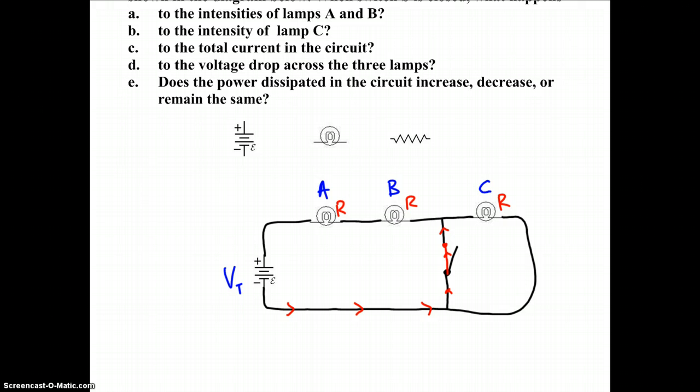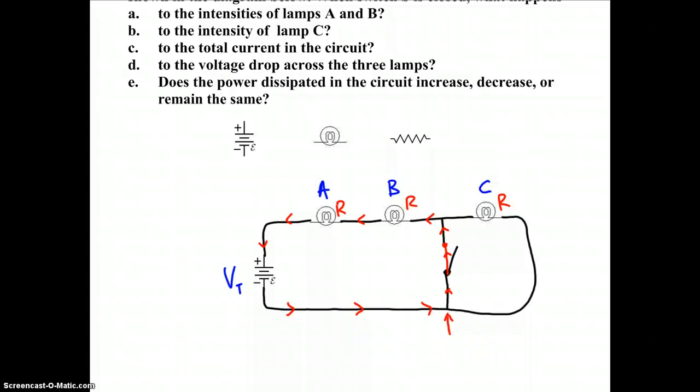You've probably heard that expression before. And instead of splitting at this junction right here, like it normally would in a parallel circuit, it actually is going to flow through this wire, through lamps B and A, and go back to the battery. So lamp C gets short-circuited.